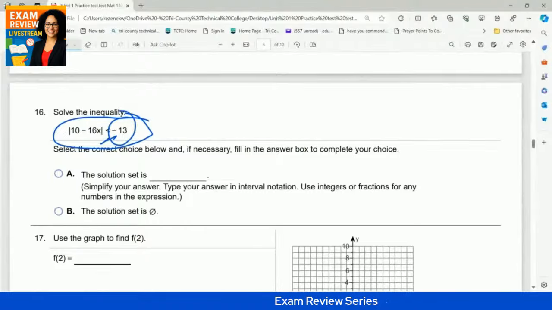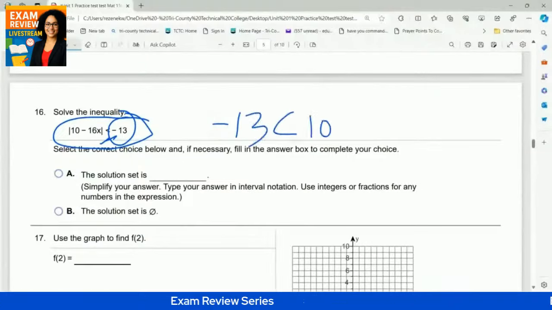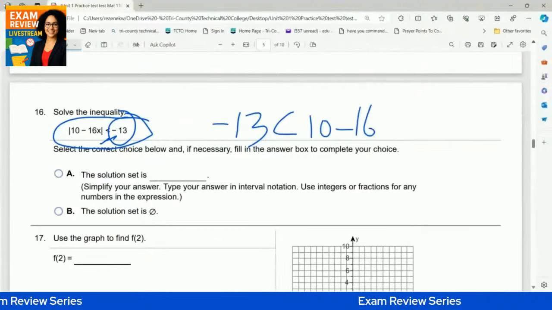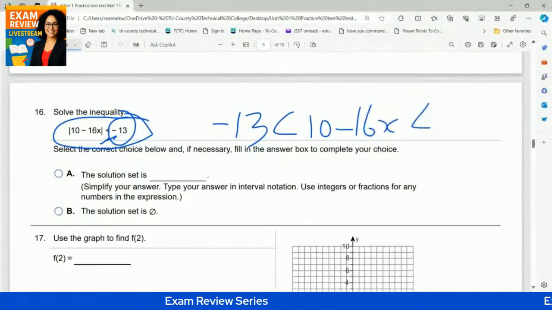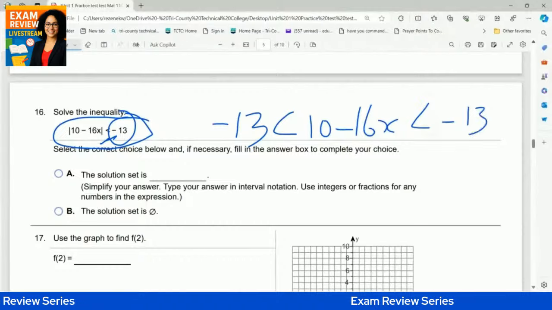If it's an equal sign, we say no solution. I'm repeating that. So negative 13 is less than, bring down the quantity inside the absolute value sign is less than negative 13. By the way, I'm supposed to put negative here. That's positive.